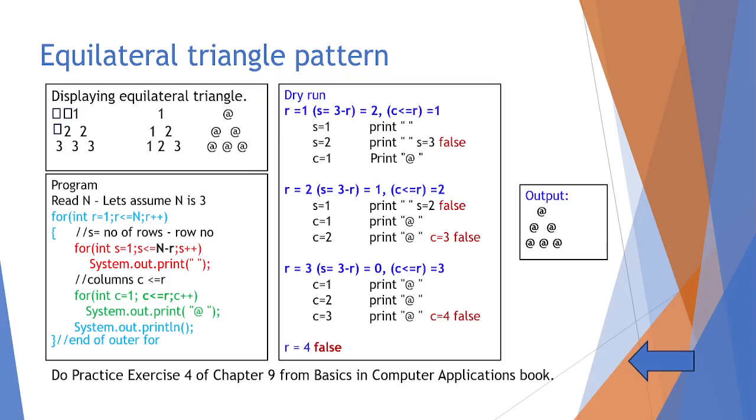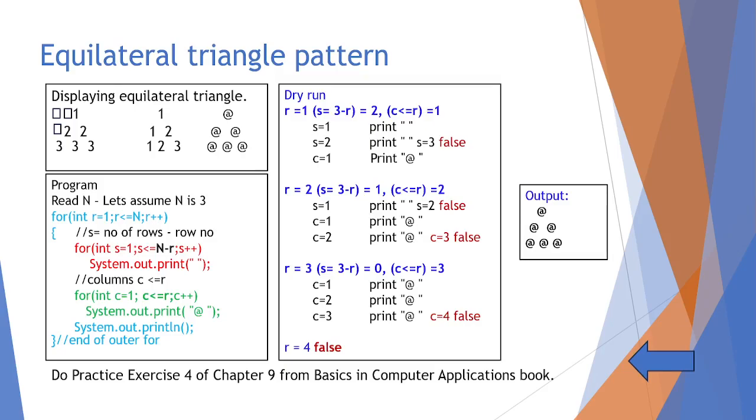So in order to create such a pattern, we need one outer for loop. Let's suppose n is 3, the number of rows is 3. So the outer for loop talks about rows. In the outer for loop, we have taken two separate inner for loops.